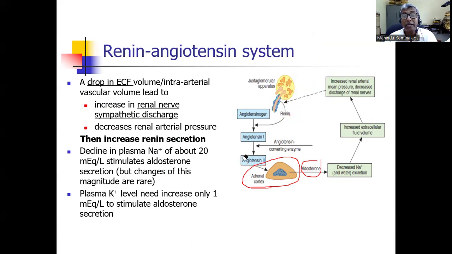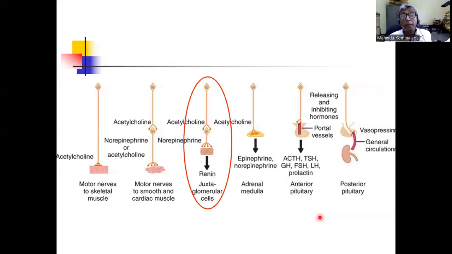So read about the renin-angiotensin system. It's very important. You will learn more in the renal physiology, but you should understand how it operates in endocrine physiology. Right.